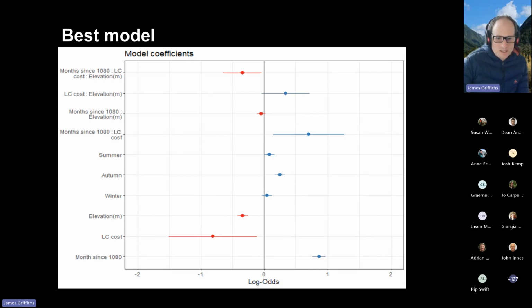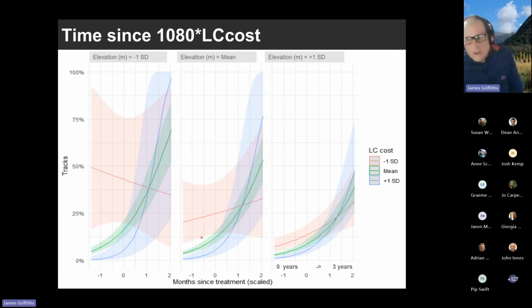And just to visualize the interactive terms, what we see here is tracking rates up the Y, and then months since treatment scaled on X. It's 0 to 3 years. So 0 is effectively -1, and 3 years at 2. So the figure traverses that time period.